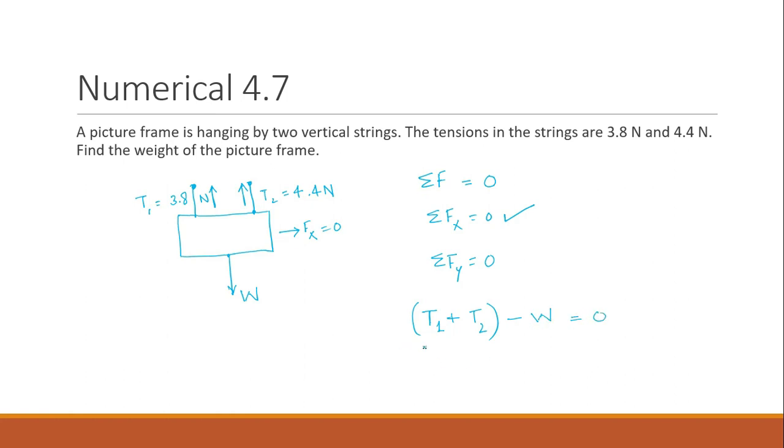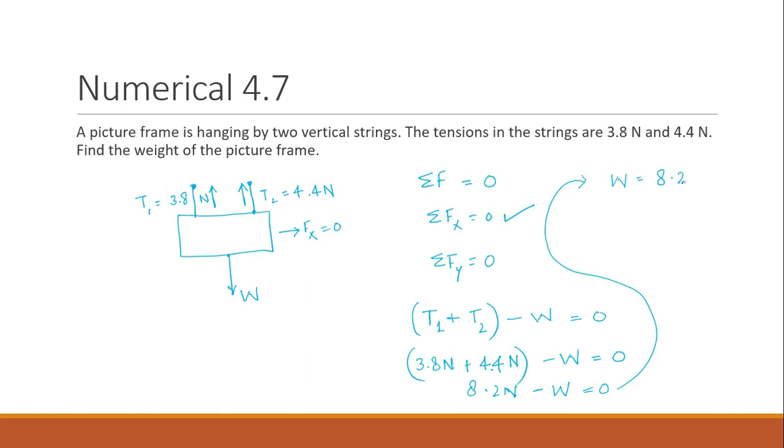By putting the values here, T1 is equal to 3.8 Newton, T2 is equal to 4.4 Newton, minus W, the weight of the picture frame that we have to find, is equal to 0. W is equal to 8.2 Newton. That's all for today's numericals.